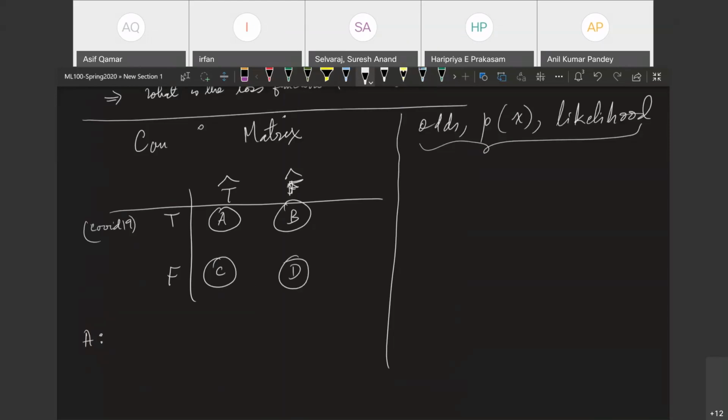So A is a person has the disease and you classify as having the disease. Is that a good thing or a bad thing for a test? Good thing. It's a good thing, and you would call it a true positive.